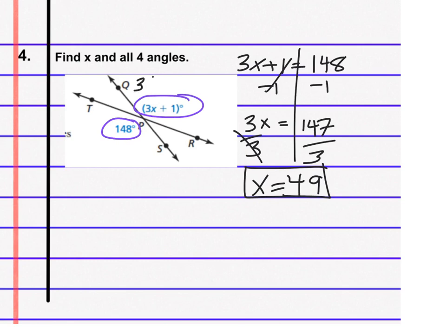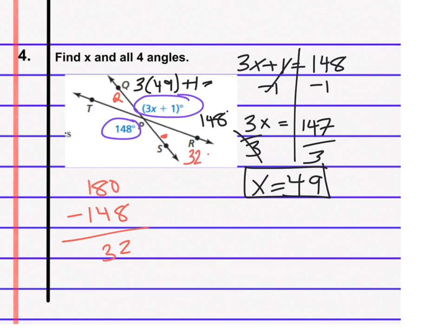Okay, then let's check and make sure we have the right x. So let's come up here. 3 times x, 3 times 49 plus 1. Let's see what that equals. So 3 times 49 is 147, plus 1 is 148. Then let's find these red angles. So I'm going to do 180 minus 148, and I get 32.